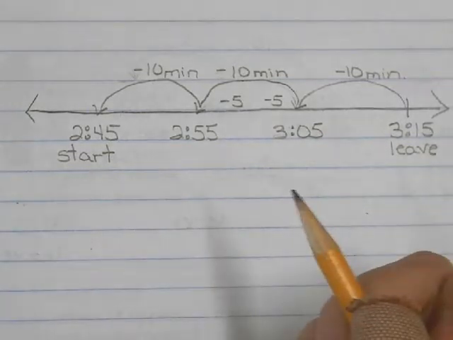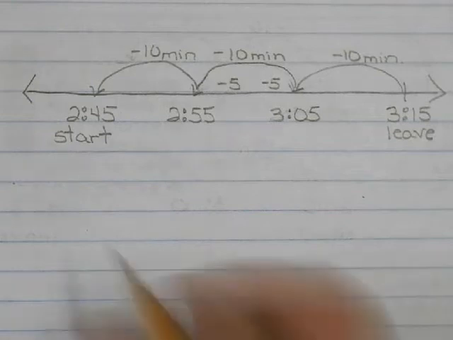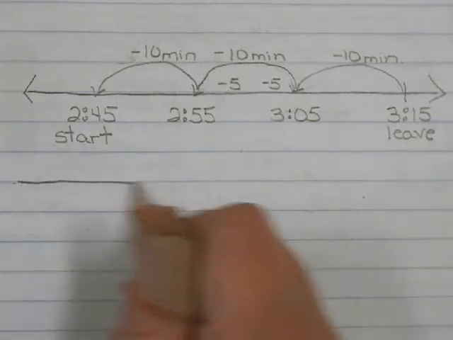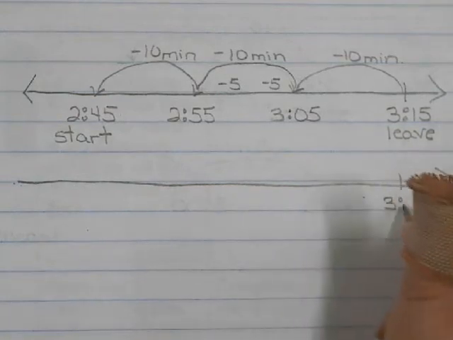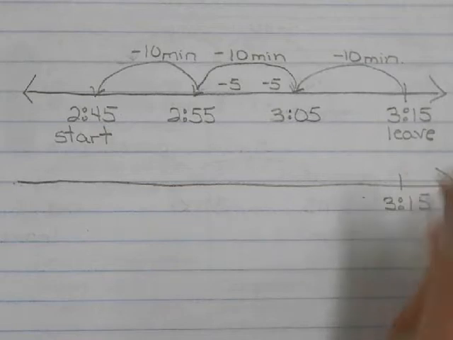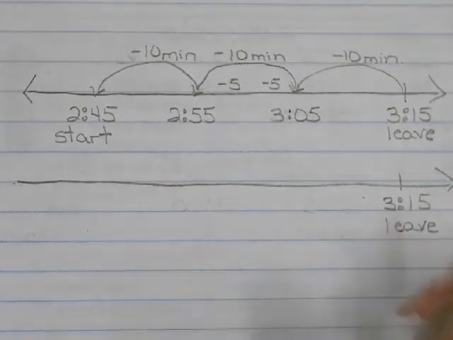There's another way we could also think about this. We could think about it in 15-minute intervals. So I'm going to go ahead and draw the same timeline, using the same ending time, what time he has to leave. But this time, I'm going to subtract 15-minute intervals. I would need two 15-minute intervals to make 30 minutes.